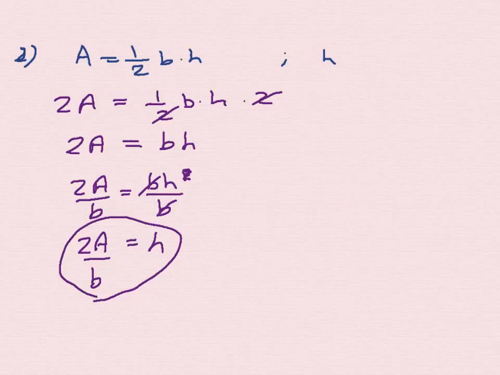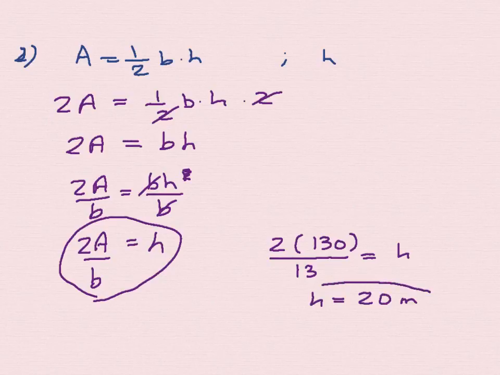If you know the area is 130 square meters, so we'll substitute 130 for the area, and the base is 13 meters. What is the height? So you need to do twice the 130, which gives you 260, divided by your 13. You're going to get a height of 20, and the units were square meters divided by meters. So 20 meters was the height of your triangle.